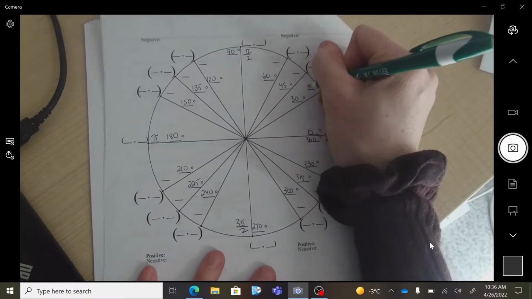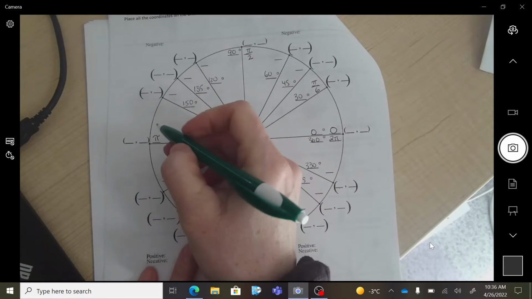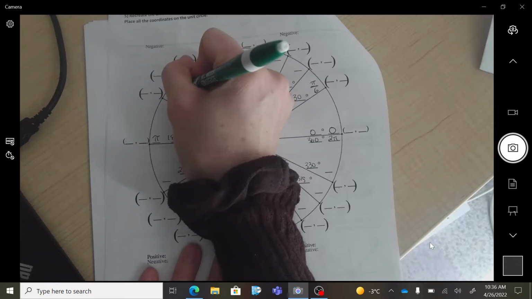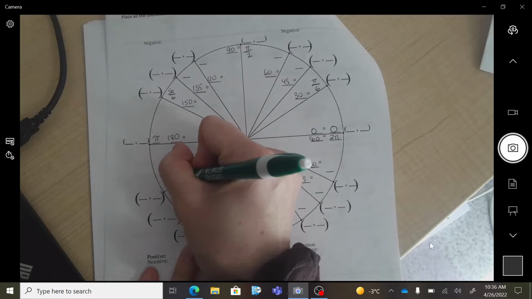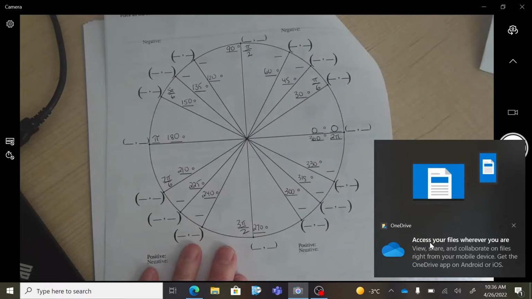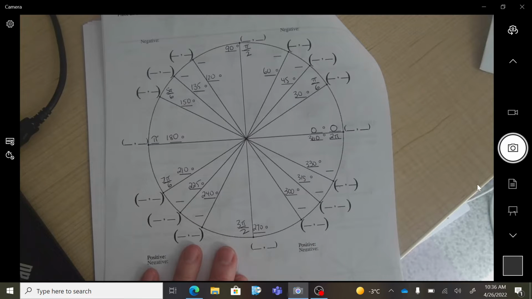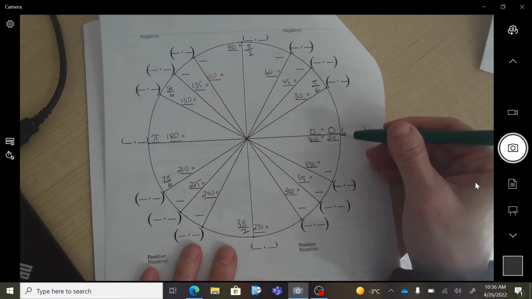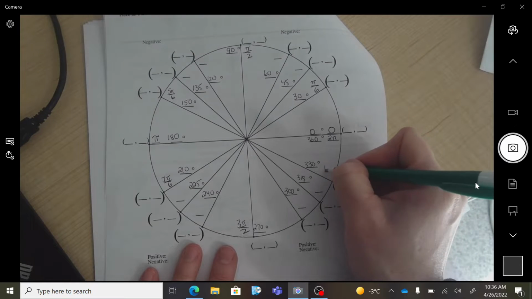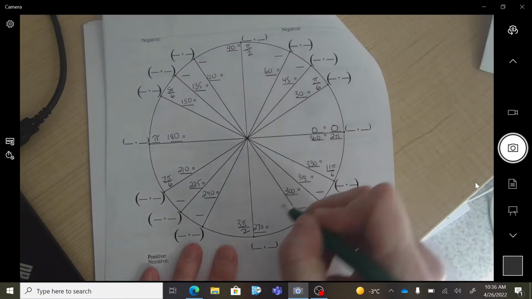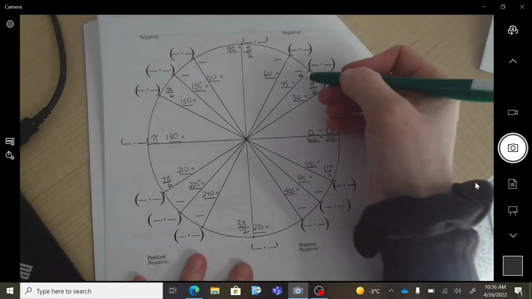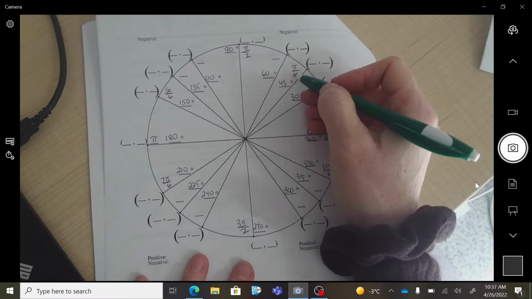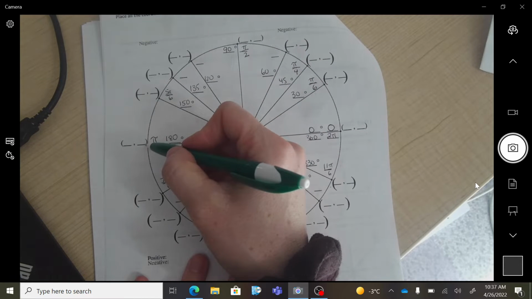So this is pi over 6. So if this is 6 over 6, this is 5 over 6, and 7 over 6. Then this spot, 2 pi, is 12 over 6. So therefore this is 11 over 6. 45 is pi over 4. So now this is 4 over 4.